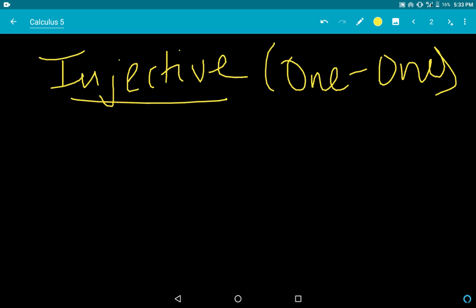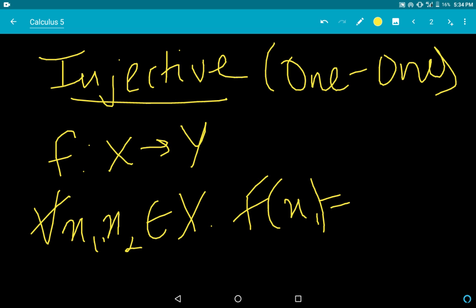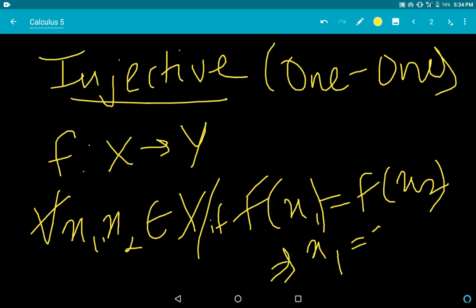Understand? One-to-one function. It means that if there is some f from X to Y, then for all x1, x2 belonging to X, if f of x1 is equal to f of x2, that implies x1 is equal to x2.